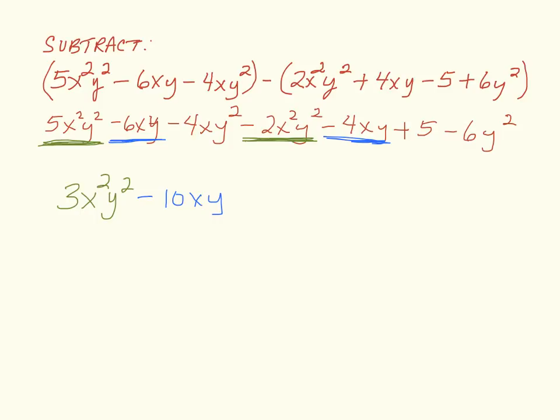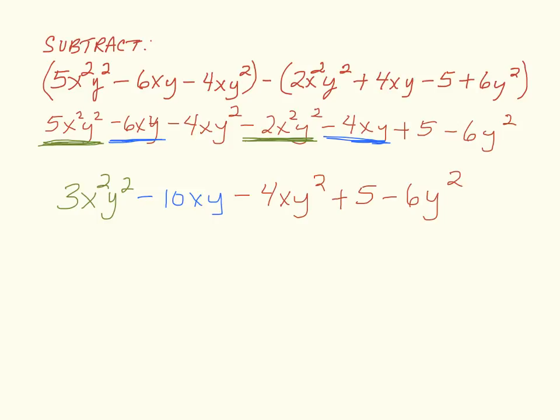So I believe this is all that we can combine. So we have minus 4xy squared plus 5 minus 6y squared. Am I missing something? I think that's it. We can't combine anything else.